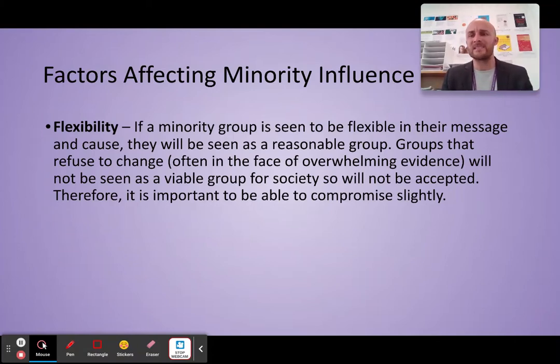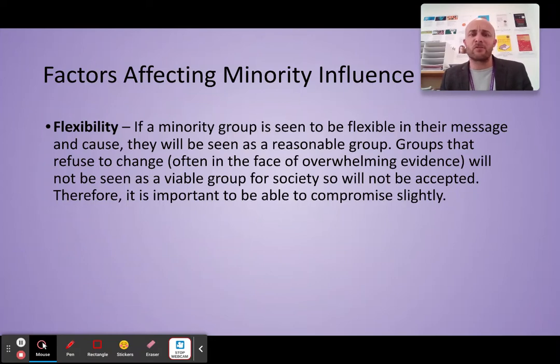Let's say you're vegan, for example, and you're being consistent and you're going, no meat, no meat, no meat. What happens if you are absolutely not even listening to meat eaters, for example, the established majority, and you're there going, no meat, no eggs, no chicken, nothing, la la la la la.